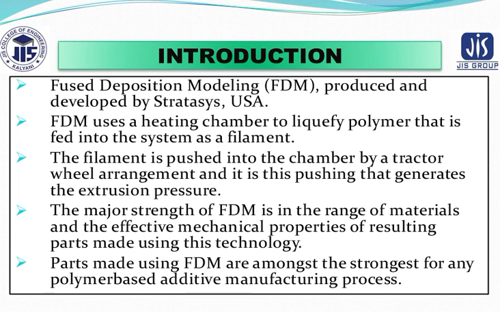When the first layer is completed, the table is lowered so that the subsequent layer can be superposed. More machines for FDM are currently being sold in the United States than for any other system of rapid prototyping.